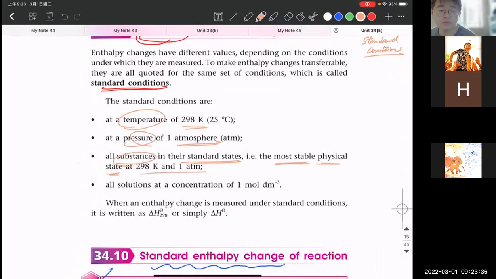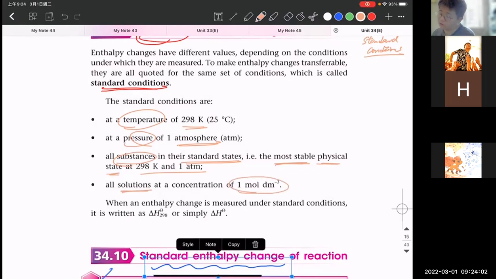For example, phosphorus and carbon in terms of graphite or diamond have a definition of which one is the standard state. And for a solution, the concentration is 1 molar.